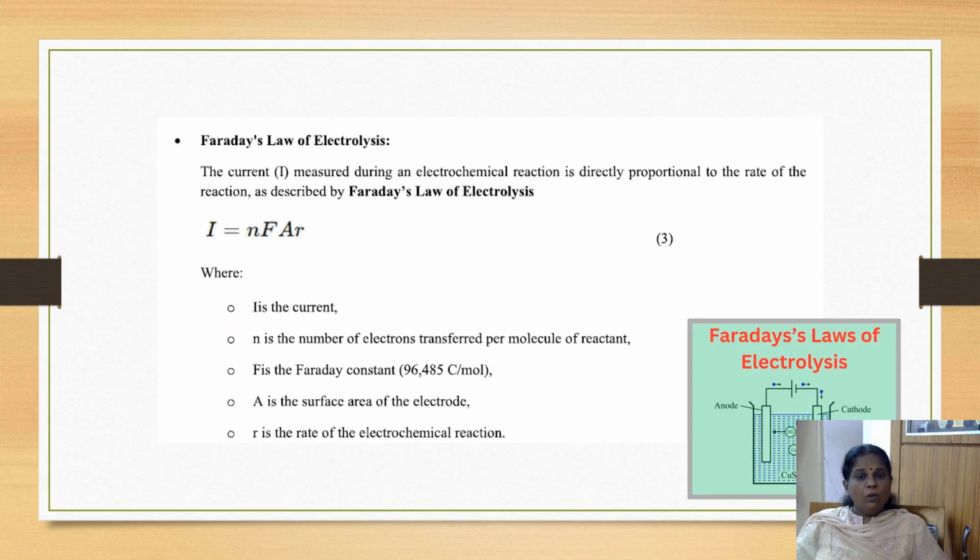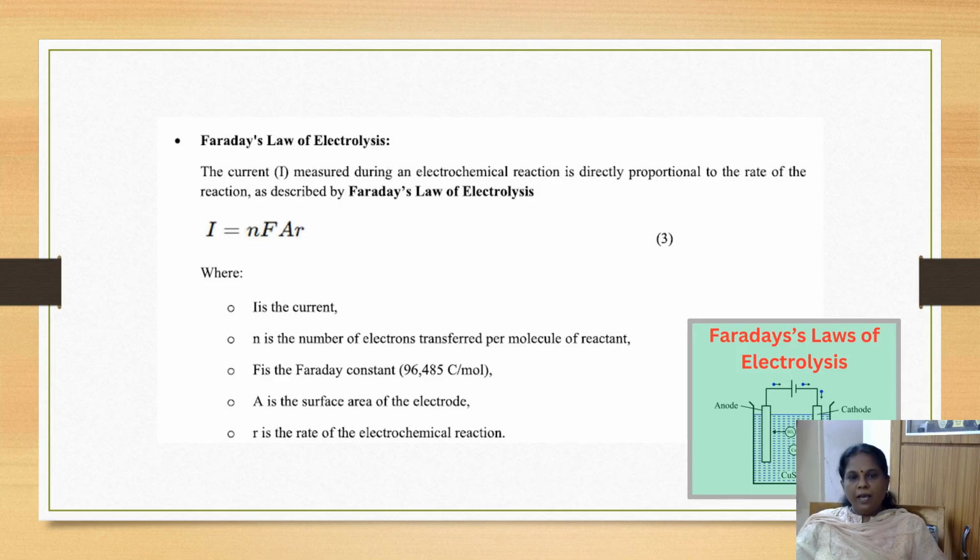The basic law involved in these redox reactions is Faraday's law of electrolysis. The current I measured during an electrochemical reaction is directly proportional to the rate of the reaction, as described by Faraday's law of electrolysis.